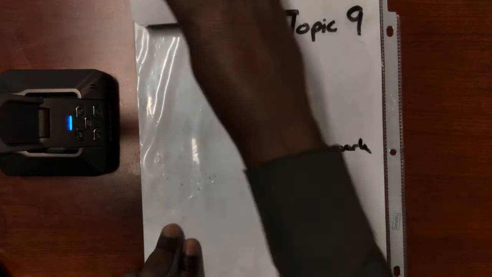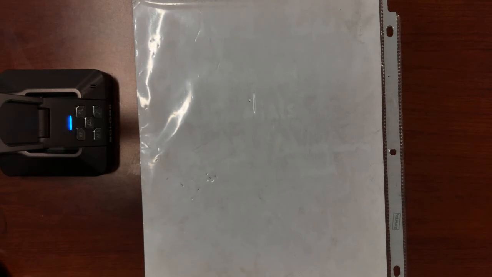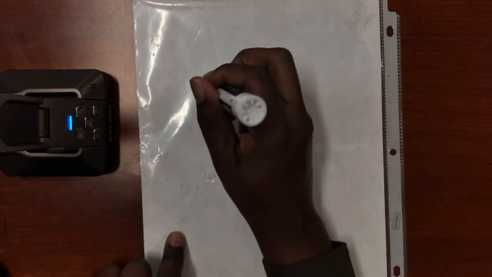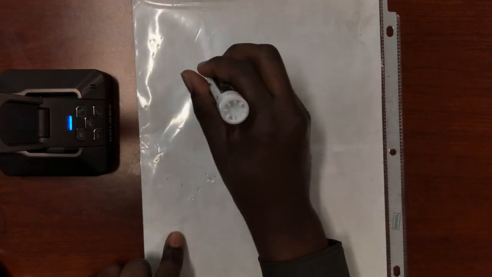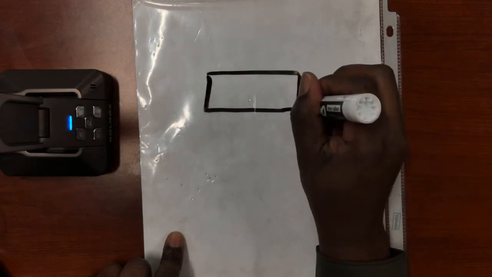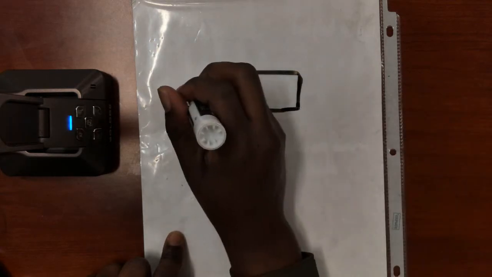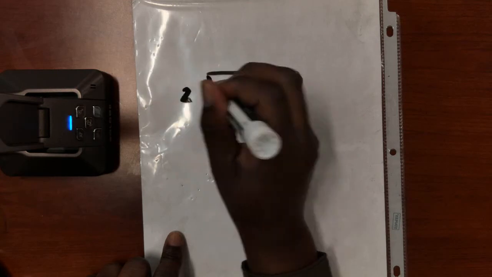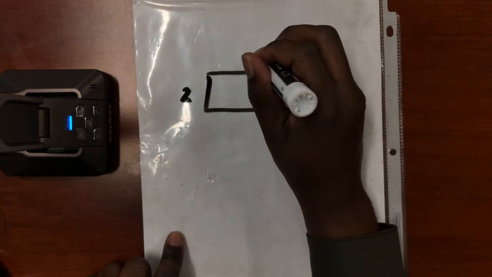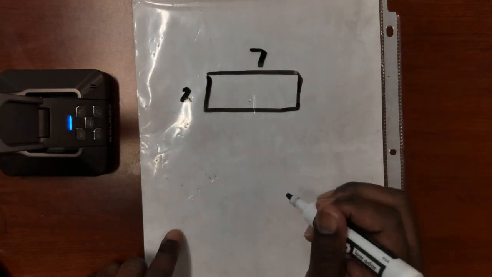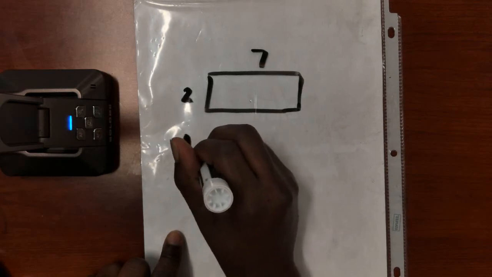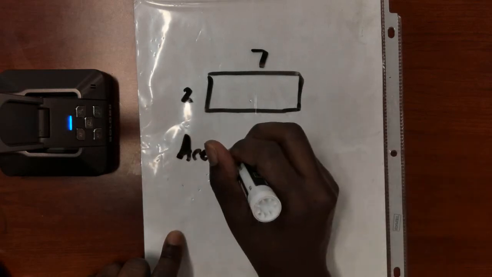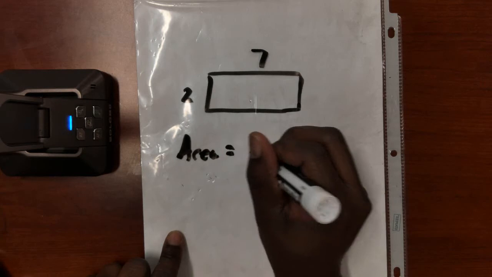Alright, so let's go back to elementary school right quick, or middle school. Let's say I had a rectangle, and let's say this rectangle was 2 feet, and this was 7 feet. And let's say I asked you for the area of the rectangle.